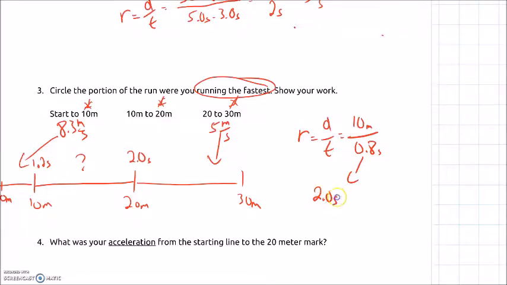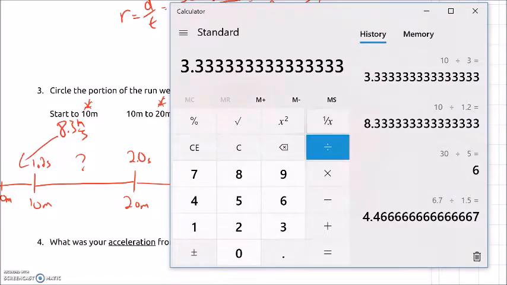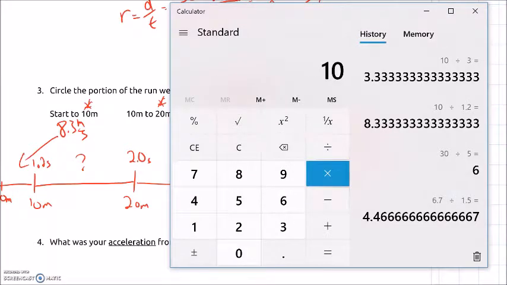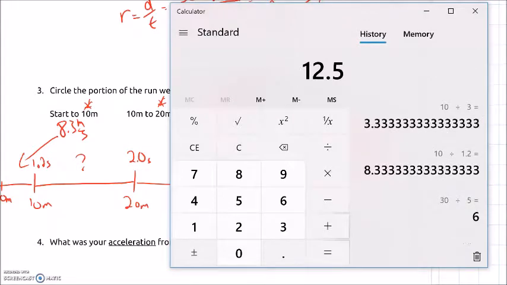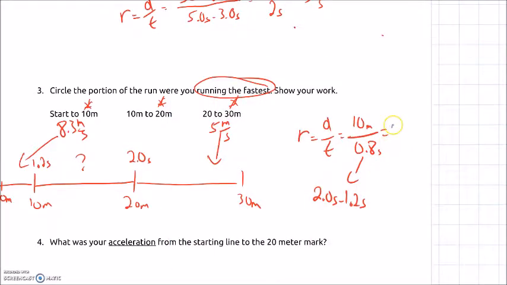We took 2.0 seconds and subtracted 1.2 seconds. 10 meters divided by 0.8 is equal to 12.5 meters per second. So this one was 12.5 meters per second, making it clearly the quickest section of our run.